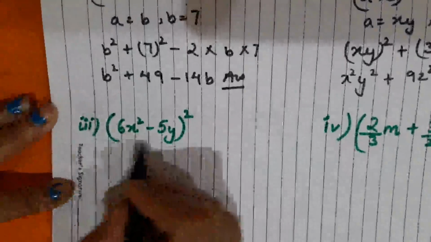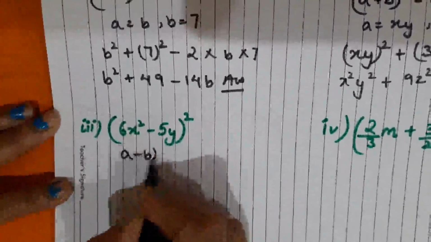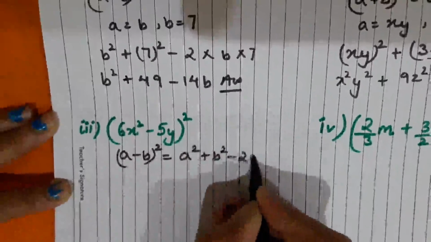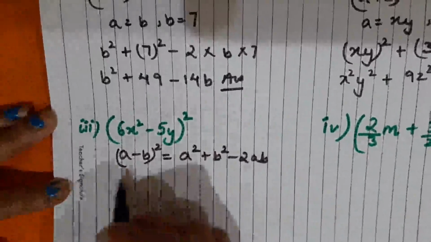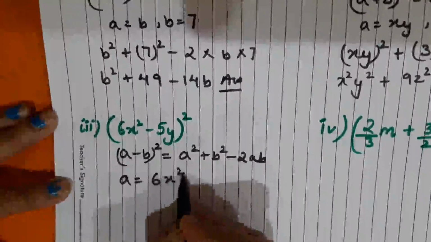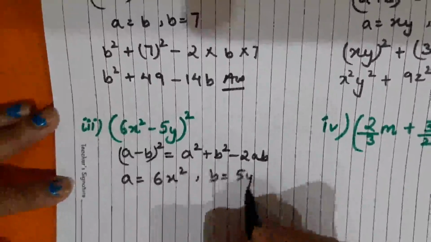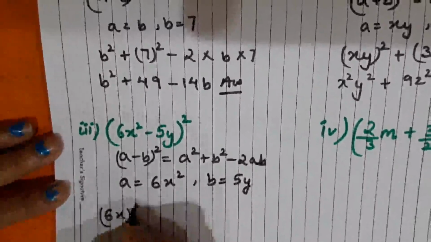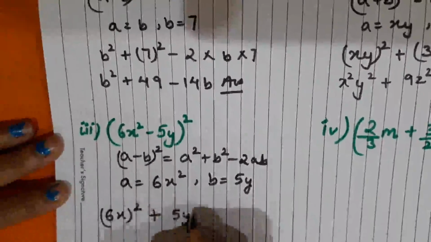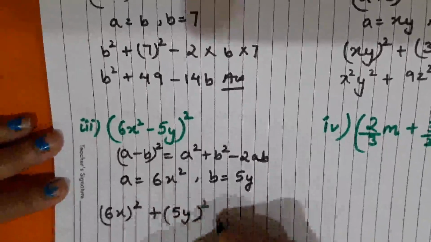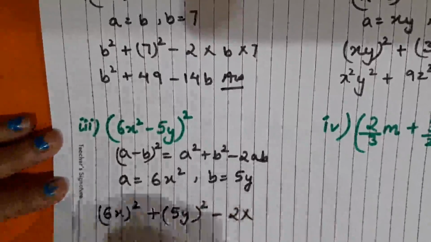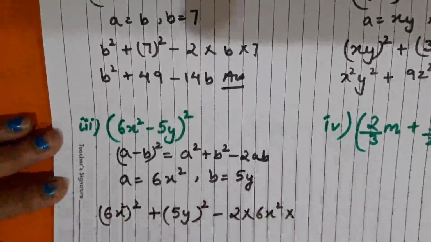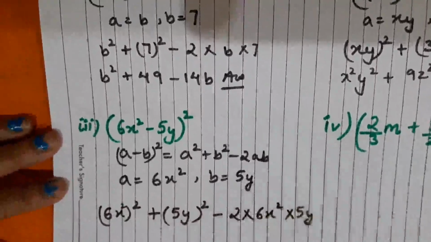Now (6x square minus 5y) whole square, it means (a minus b) whole square. So a square plus b square minus 2ab. This identity we are going to use. a is 6x square and b is 5y. So (6x square) whole square plus (5y) square minus 2 into 6x square into 5y.